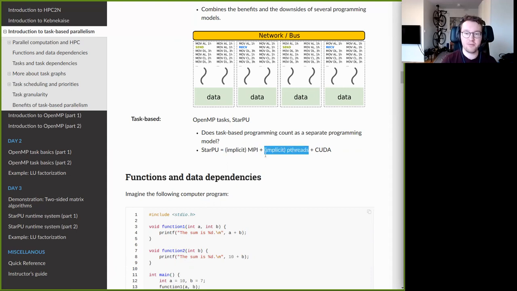That is distributed memory, we have multi-core, and then we have accelerators on top of that. I'm saying implicit because this is something that is handled by the runtime system. So what you are doing is just creating tasks, and the runtime system is then somehow doing everything simultaneously on multiple cores, on multiple nodes with accelerators. So is it a hybrid approach or is it something completely new? It's difficult to say.